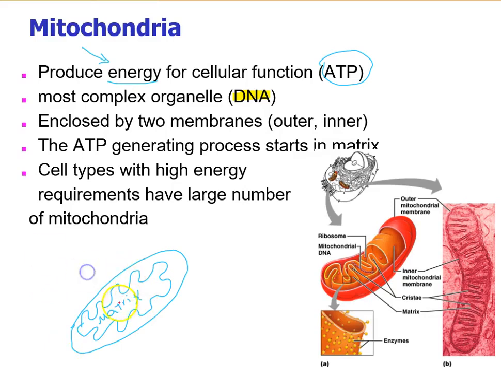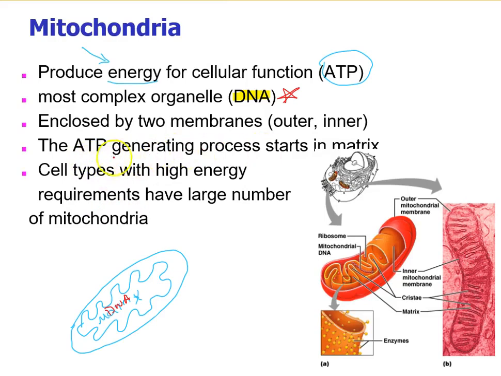The matrix of the mitochondria is also where you can find the mitochondria's own DNA, which, as I mentioned before, makes it the only organelle inside the cell that has its own DNA, or genetic material.